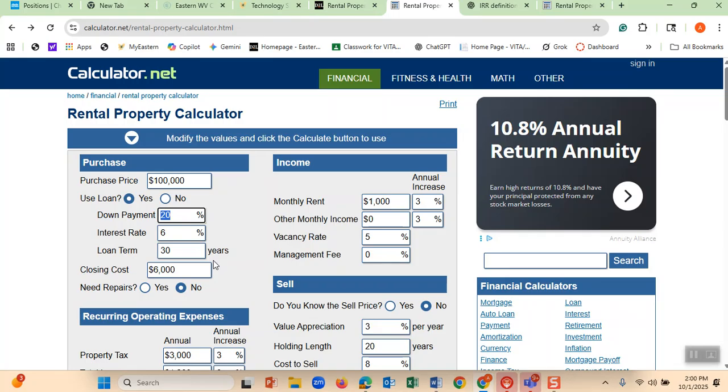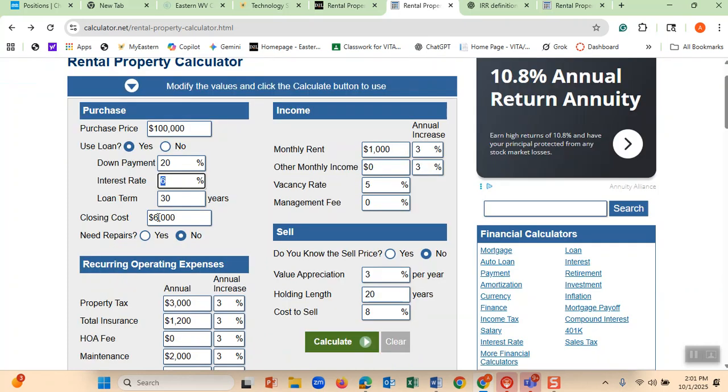The banks usually do not lend you money for a rental property unless you come up with a good down payment. 10% is usually for your personal house that you try to buy. And these days, the banks are charging a little bit more, maybe 6.8, 6.9. And closing cost, of course, would be less when it is a lower price, maybe 3%, but these numbers seem reasonable.